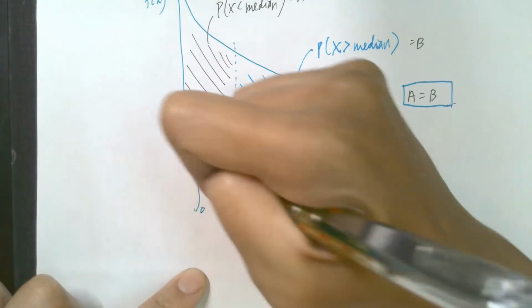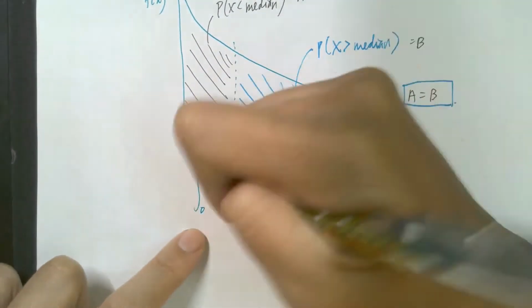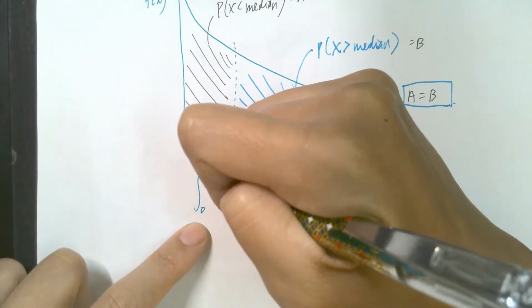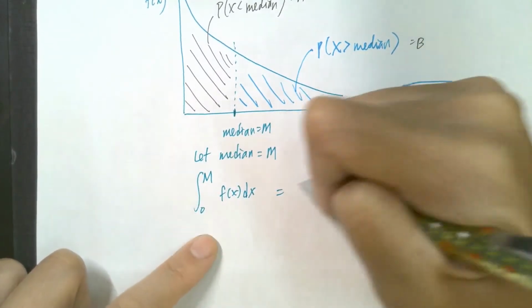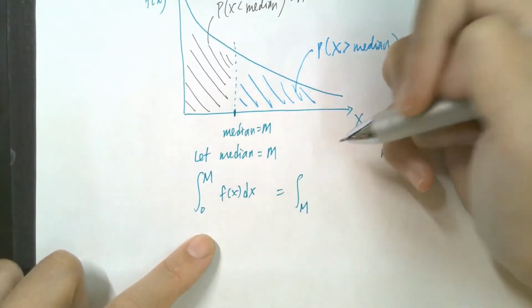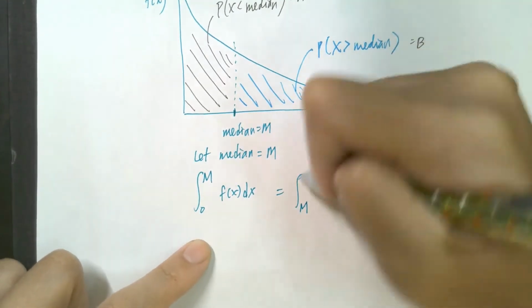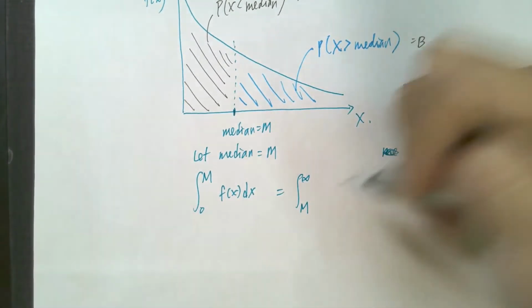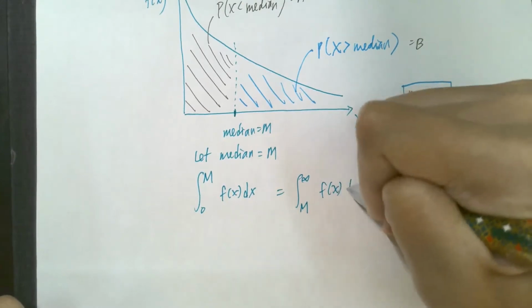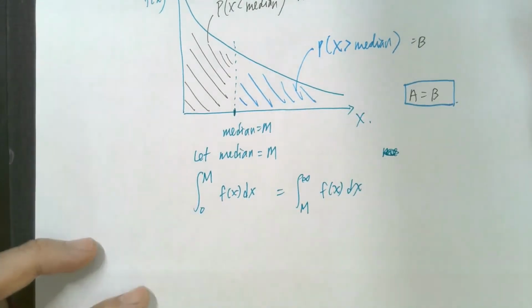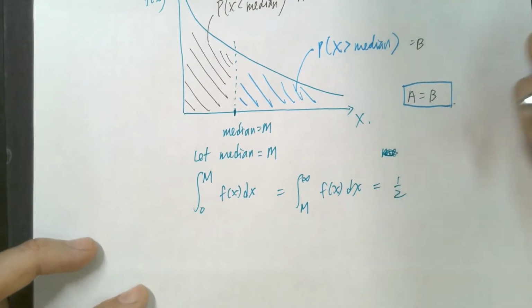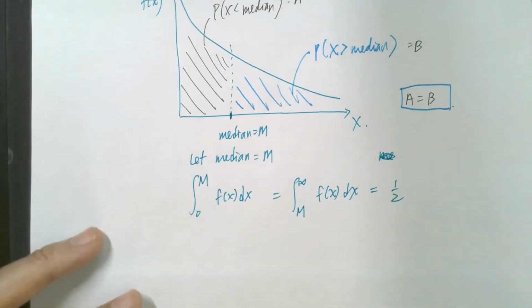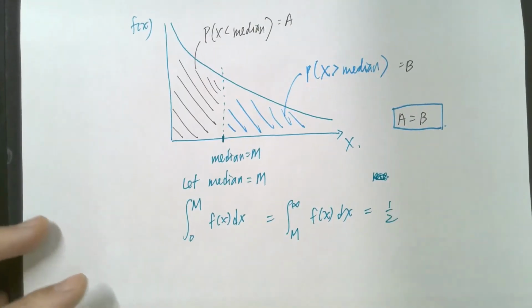It means that the integral from 0 to m of f of x dx would be the same as the integral from the median to infinity of f of x dx. All right, and that would be just 1/2, no matter which side you're at. I think that's pretty straightforward.